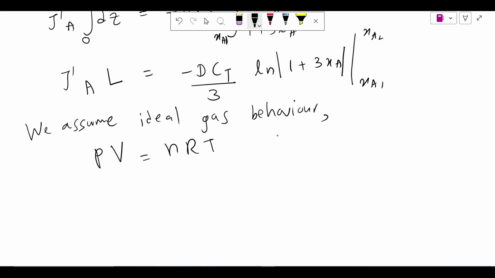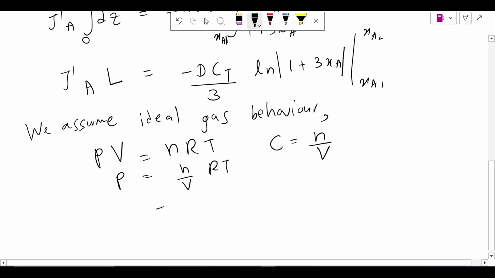In this case, concentration means moles divided by volume, right? So we can divide by volume, RT, and this is concentration, C equals P over RT.